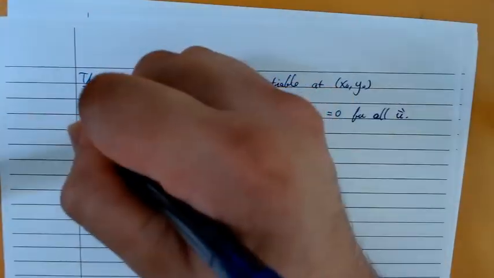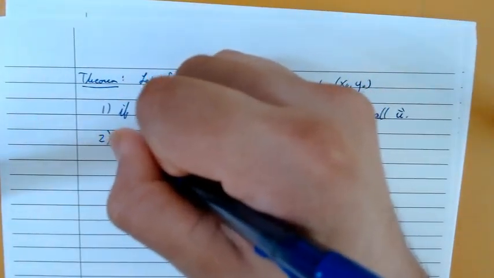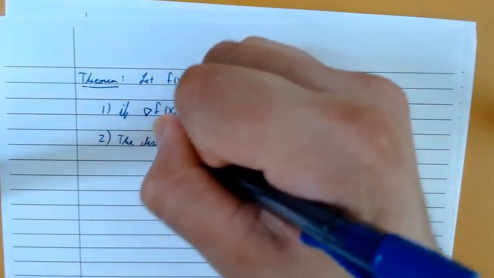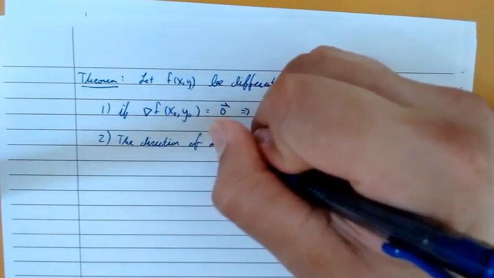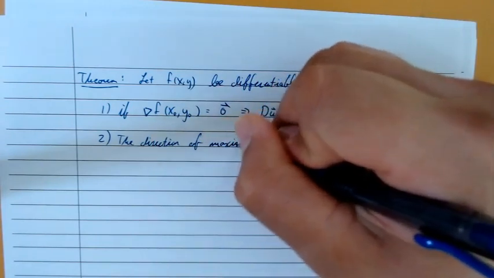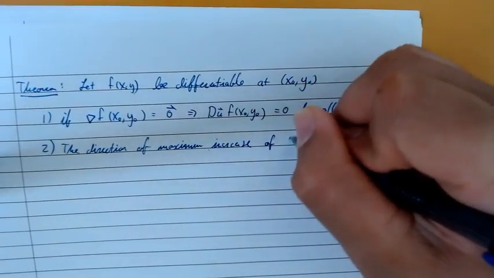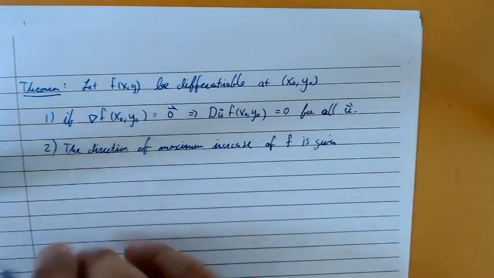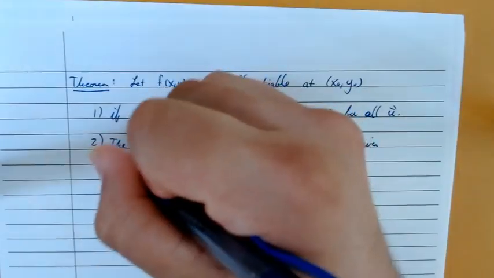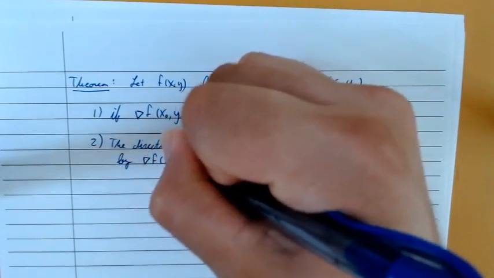All right. The second thing, the direction of maximum increase of f is given by the gradient of f at x naught comma y naught.